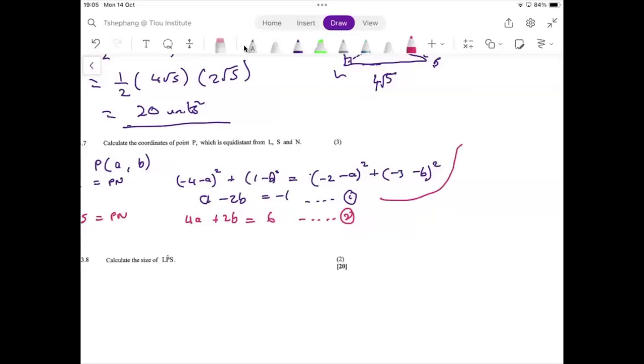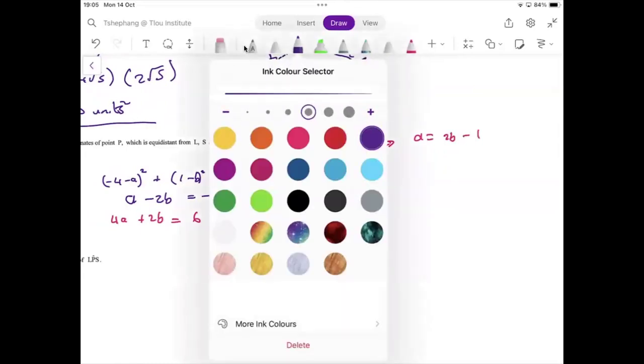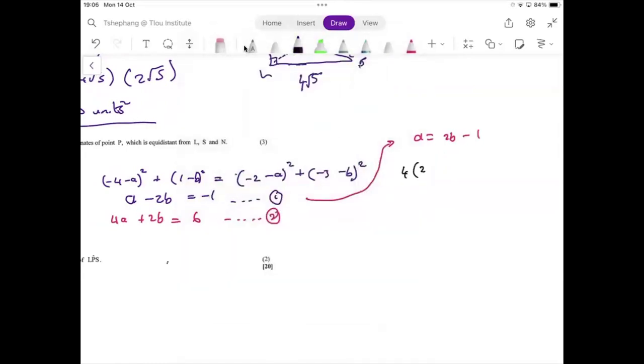So A is equal to 2B minus 1, meaning that we have 4 into 2B minus 1 plus 2B equals 6. 8B minus 4 plus 2B equals 6. 10B is equal to 10, then B would be equal to 1.